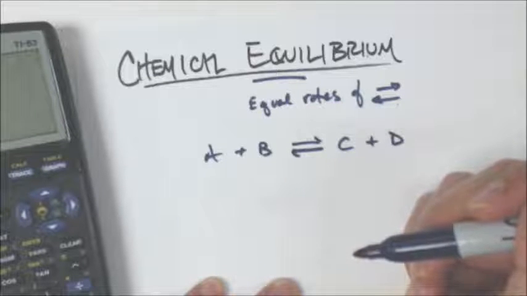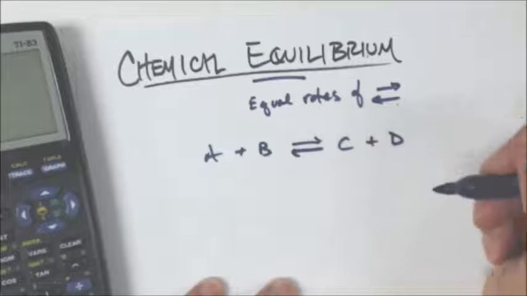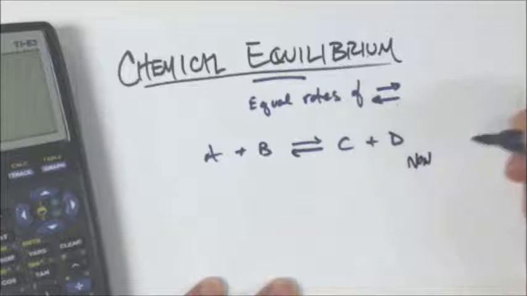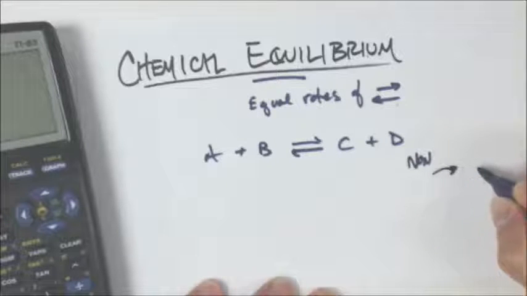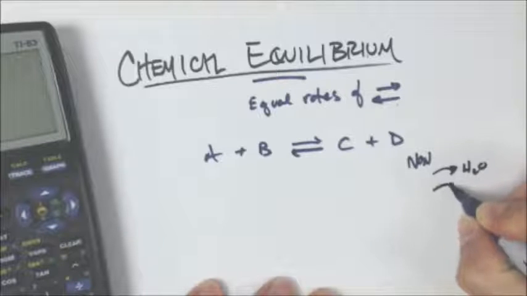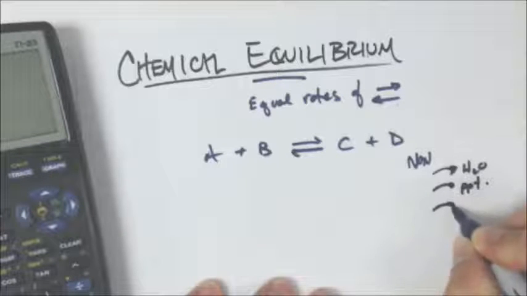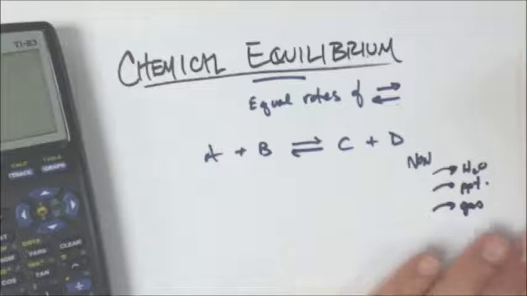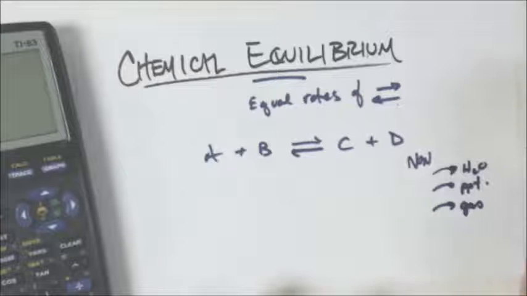And there are some reactions that are not reversible. Non-reversible reactions are those that, remember our driving forces we talked about earlier in the year, form water, form a precipitate, or form a gas. If you form one of those, it's unlikely that they're going to revert back to being their reactants. So they're not generally reversible reactions, but that still leaves a lot of reactions that can be reversible.